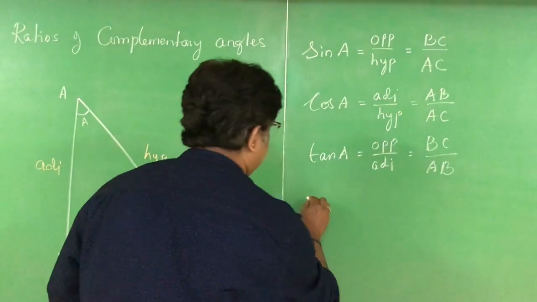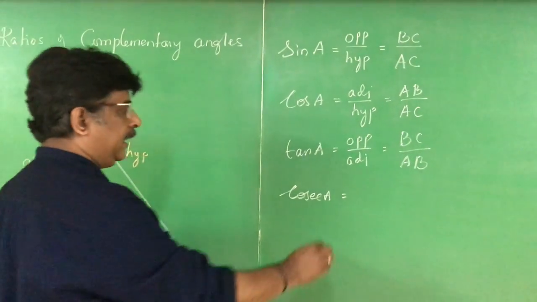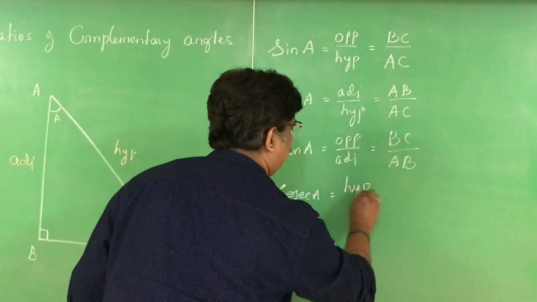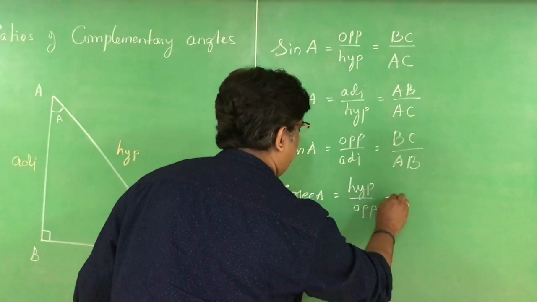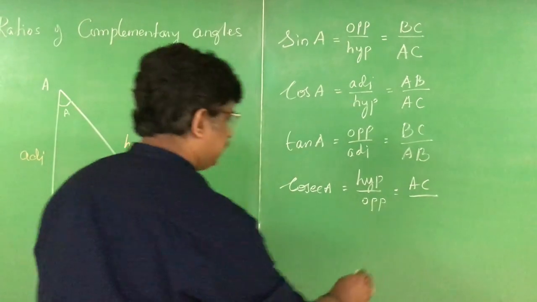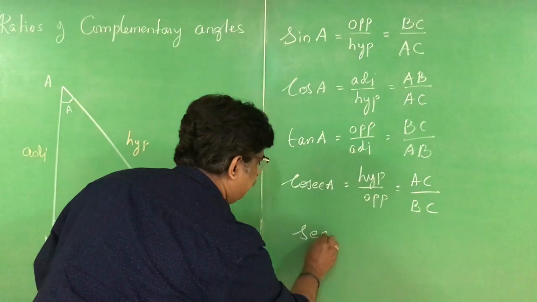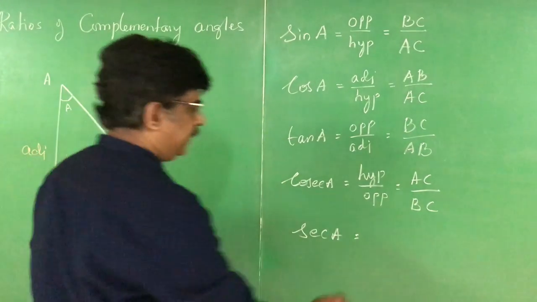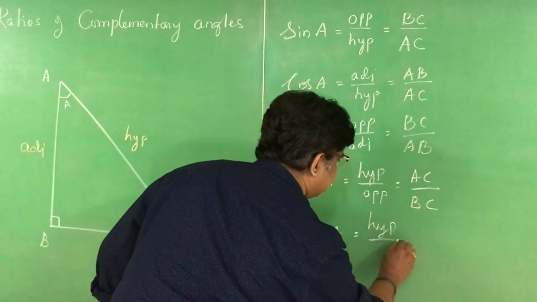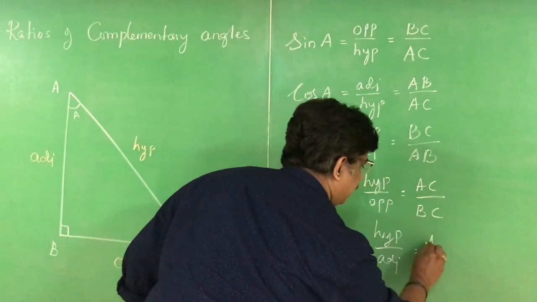Then cosecant A. What is cosecant A? Hypotenuse by opposite. Hypotenuse is AC. Opposite is BC. Then secant A. Secant A is equal to hypotenuse by adjacent, which is hypotenuse AC.